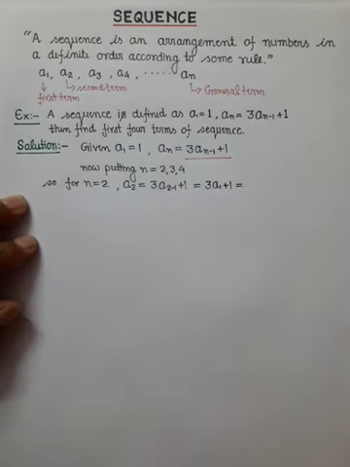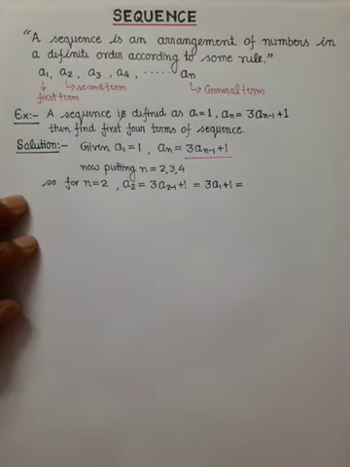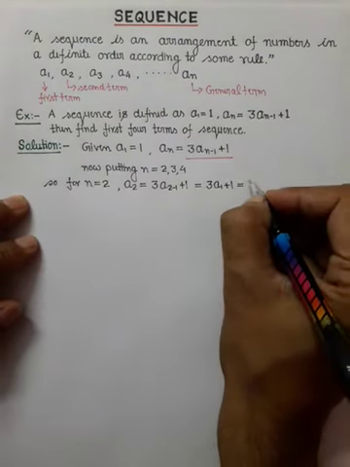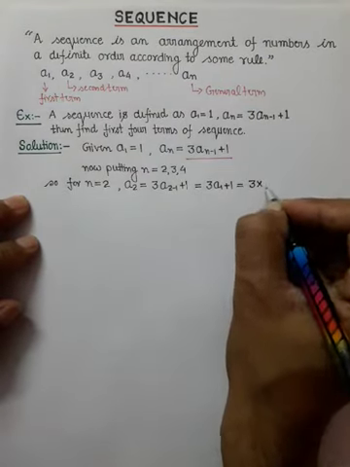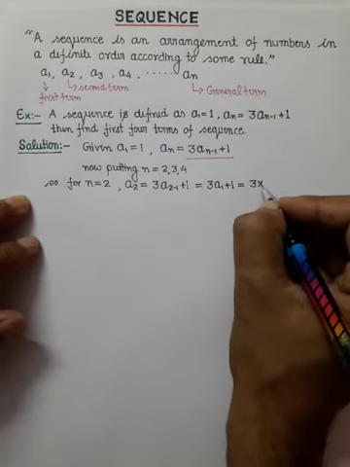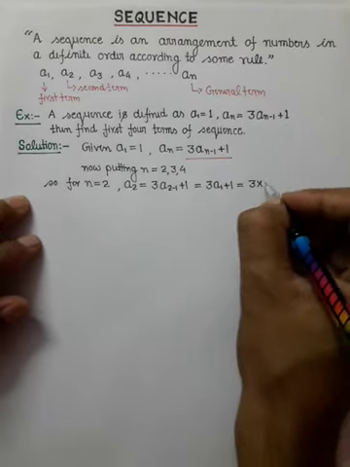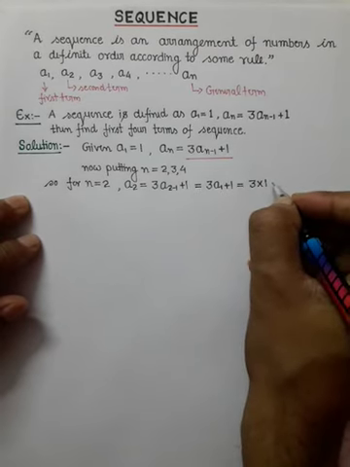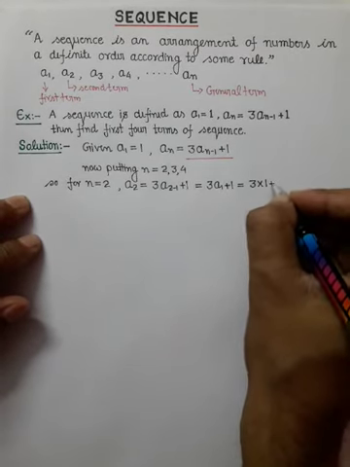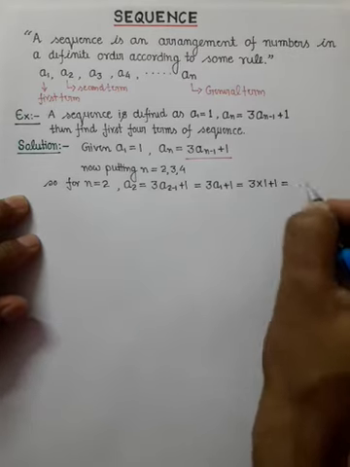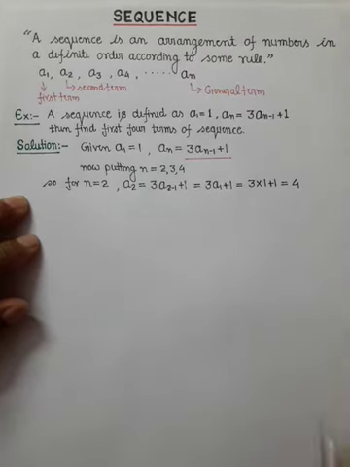Now a1 का वैल्यू हमें ऑलरेडी गिवन है, so it can be written as 3 into the value of a1, that is given as 1. So here we can write it as 3 into 1 plus 1, and this comes out to be 4.